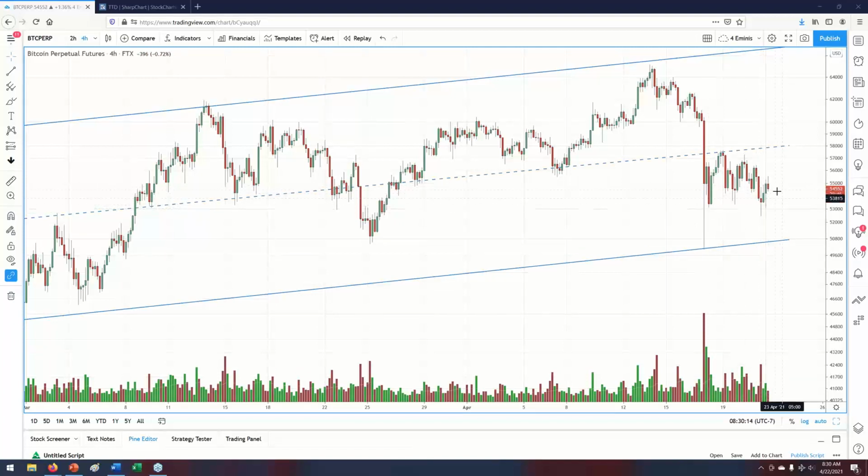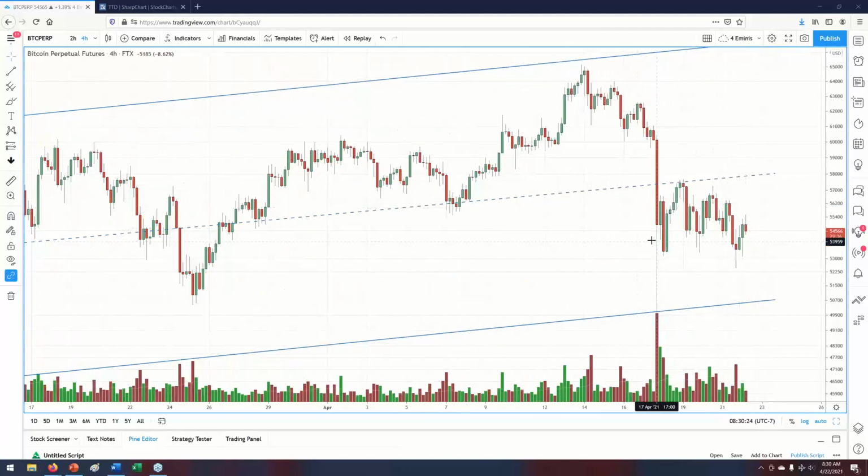So short term, we could still potentially be drifting down a little bit. That's a possibility. The important bar right now on the 4 hour is going to be this bar right here. This is April 21st at 1300 in my time zone.